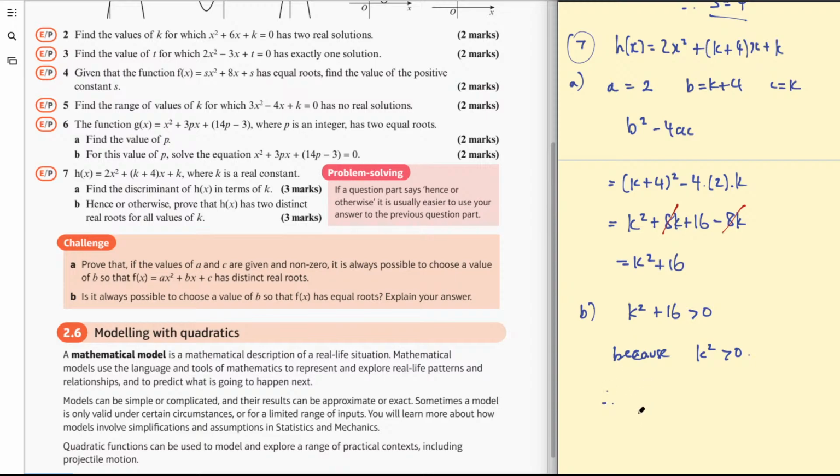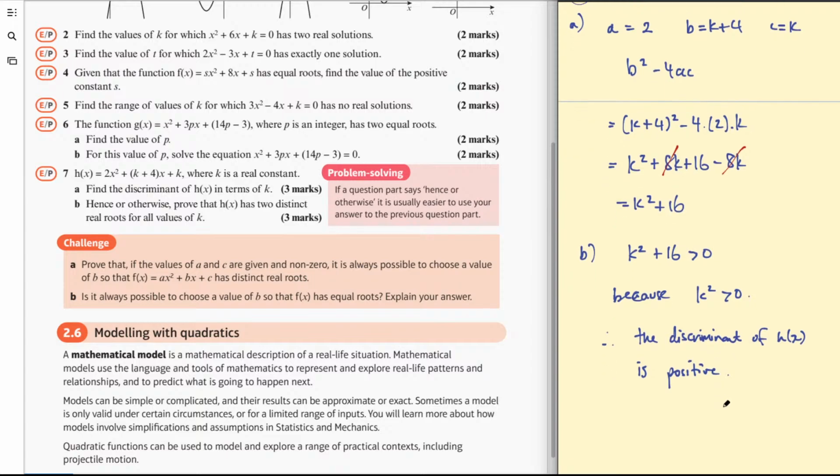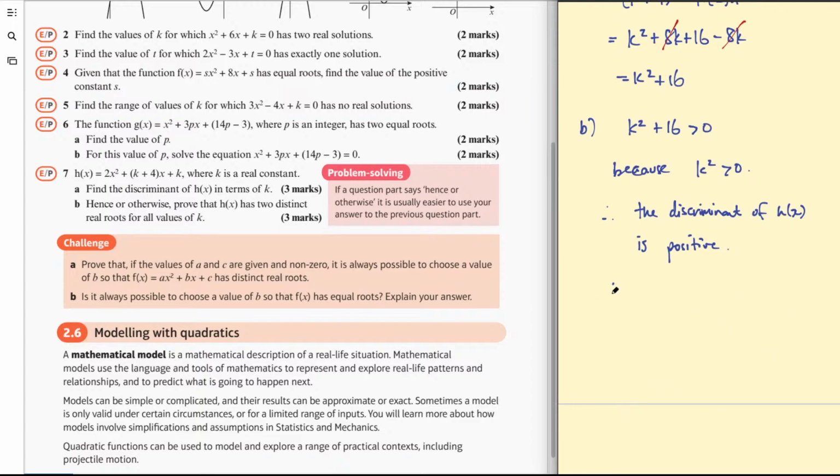So therefore the discriminant of h of x is positive, therefore h of x has two solutions.